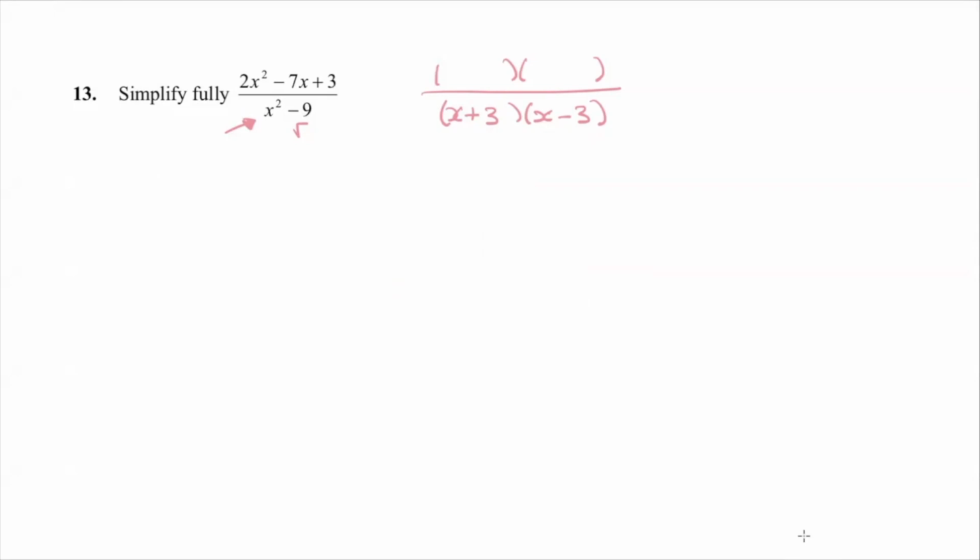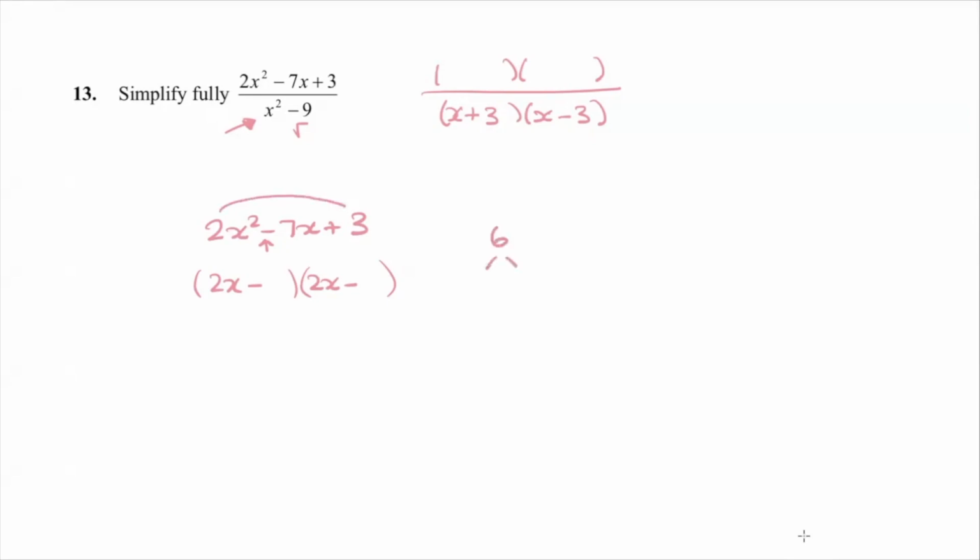Okay, so now we're going to work on the numerator. We've got 2x squared minus 7x plus 3. So we've got our two brackets. We drop the 2x. We can see it starts negative, so it's going to be negative. And then we'll multiply the first and the last.